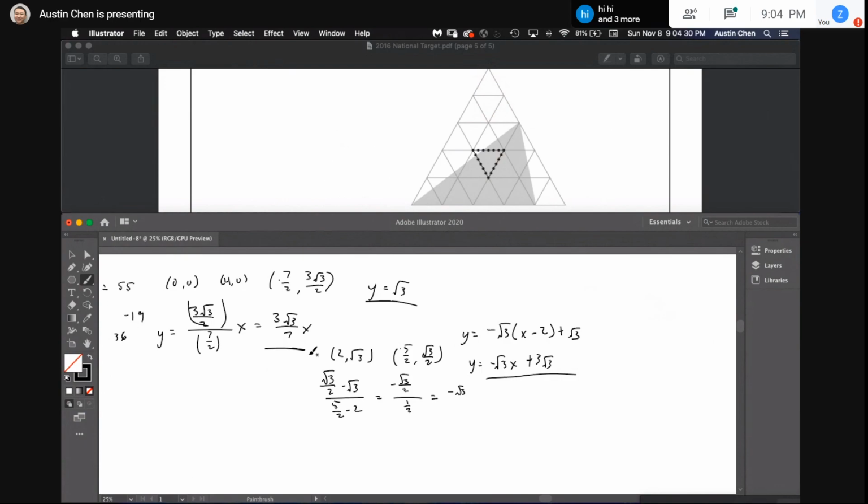So what we can just do is put this one with this one in our calculator and find the point of intersection, and then put this one with this one to find that point of intersection as well.